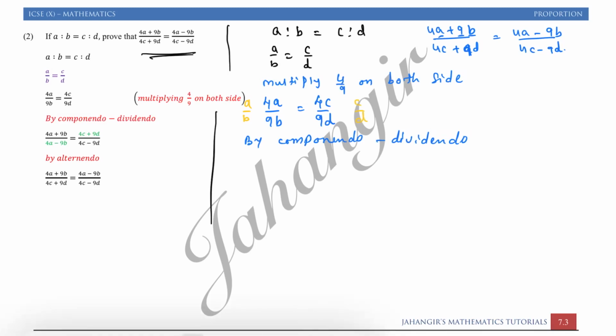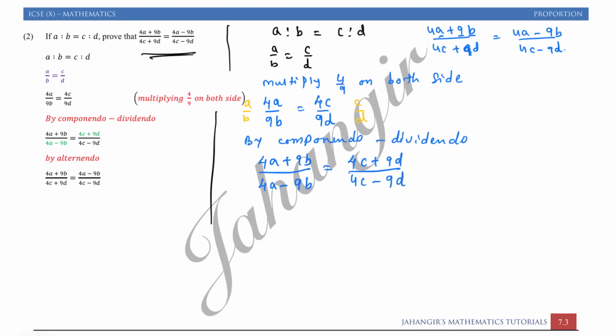Here I will write 4a plus 9b, meaning numerator is 4a and denominator is 9b. So numerator plus denominator upon numerator minus denominator, that is equal to, again the same on the right side, 4c plus 9d upon 4c minus 9d.